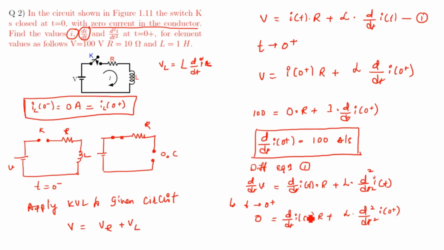This value is 100. 100 into resistor value 10, so it is 1000. d square by dt square of I of 0 plus equals, L value is 1 itself, so its value is minus 1000 amperes per second square.